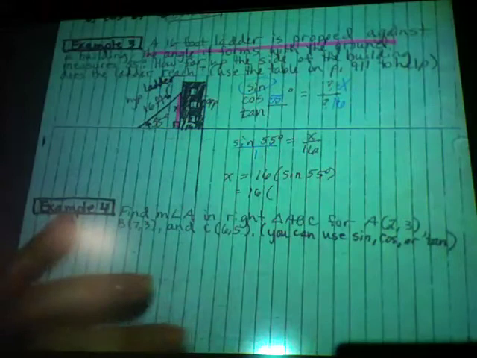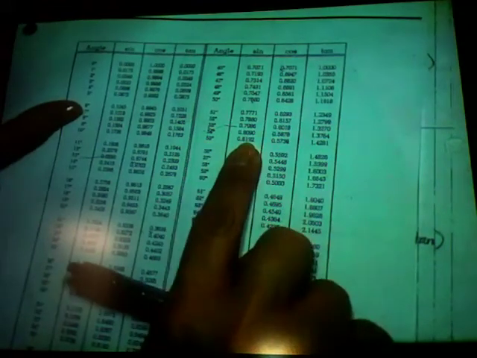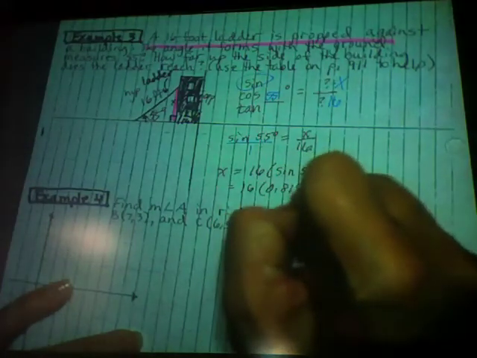Look up 55 degrees in your table and sine. So here's 55 degrees. Right here. Isn't the sine 8192? So replace the sine of 55 with 8192 and then do that multiplication on your calculator.